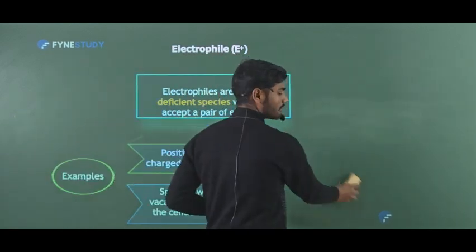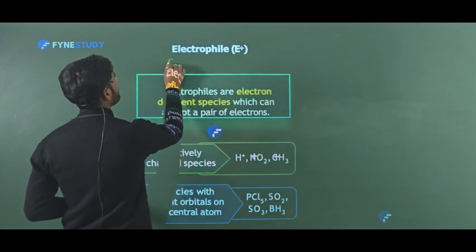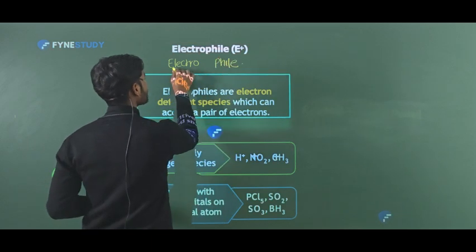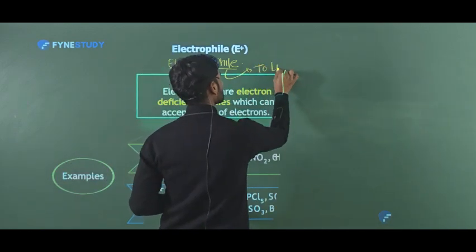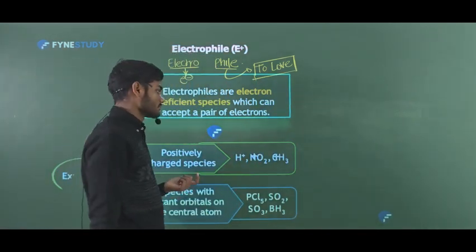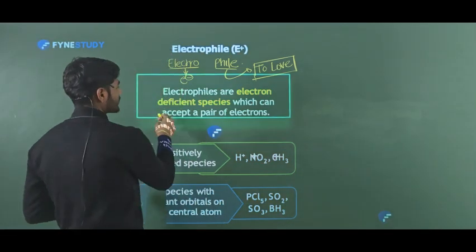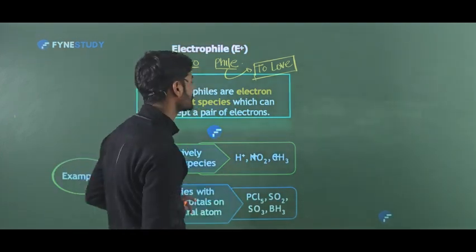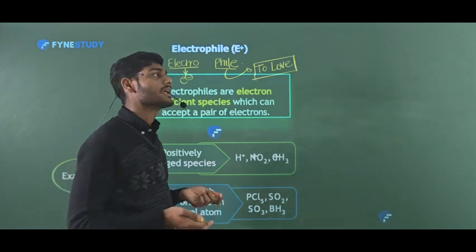If you break down the word, it is electro and phile. Electro means electron, and phile means to love. It means the species or molecule which loves the electron. Electrophiles are electron deficient species which can accept a pair of electrons. Think of a person who doesn't have money and is hungry.